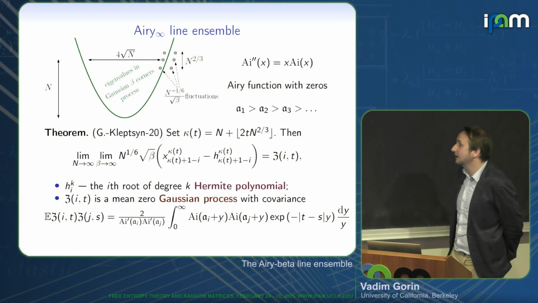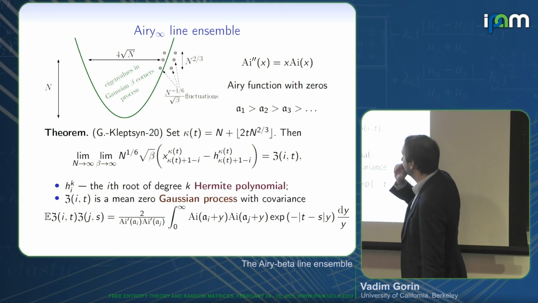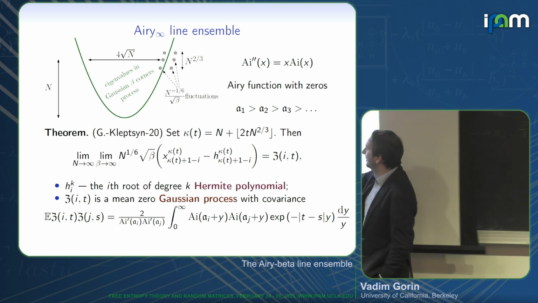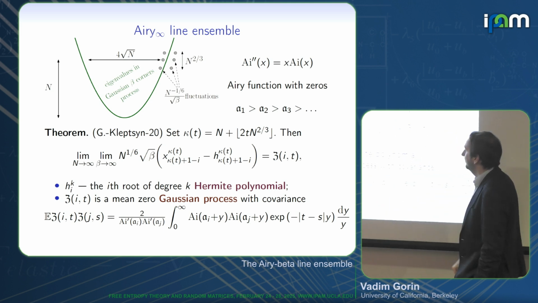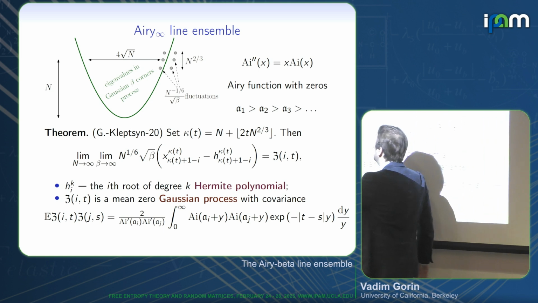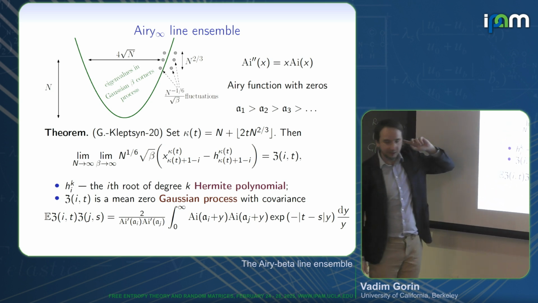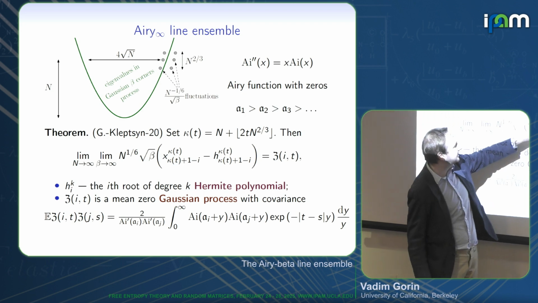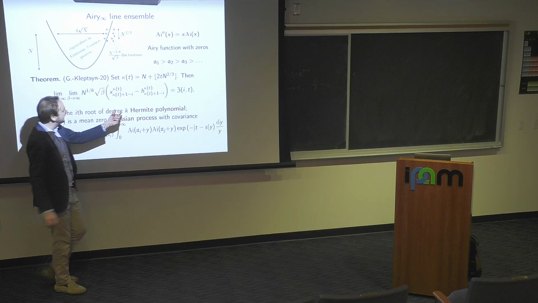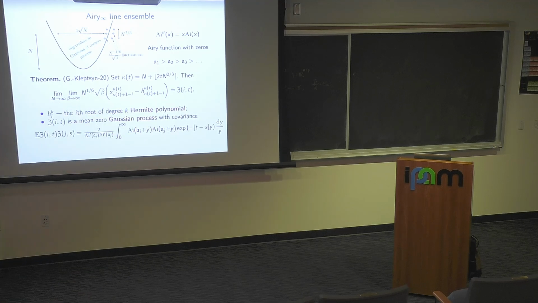Another description, answering Ramon's question, that we obtained, a very explicit one, is about beta to infinity. In beta to infinity, you look at your Gaussian beta corners process, the same as before, and now you look at the joint limit in which you send n to infinity and beta to infinity together. In the first order, the particles of the Gaussian beta corners process concentrate near the roots of Hermite polynomials. So there is a kind of crystallization, if you want.